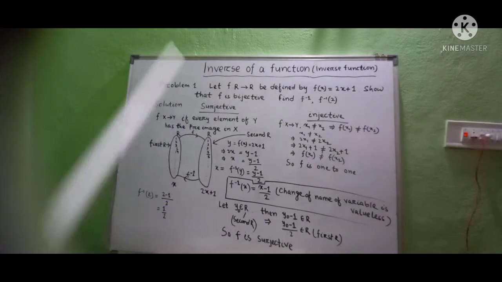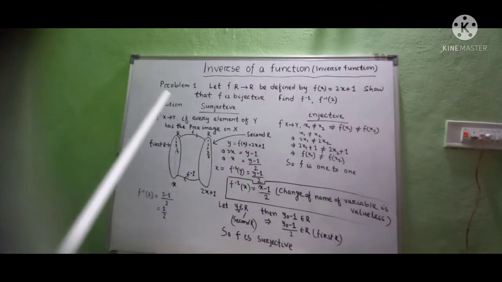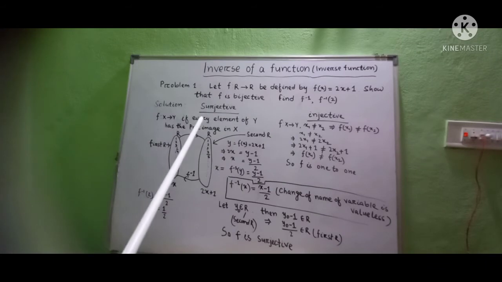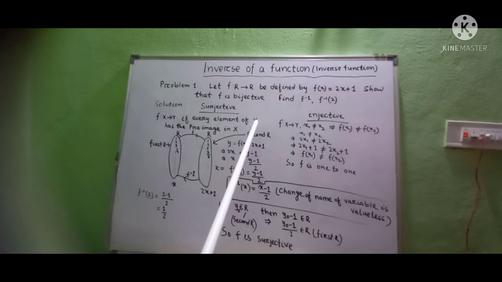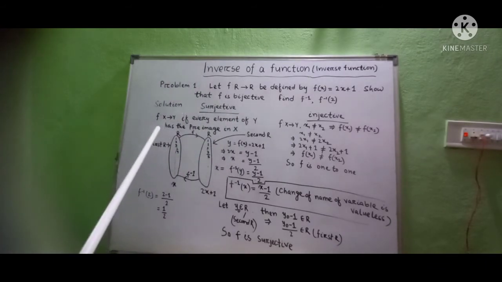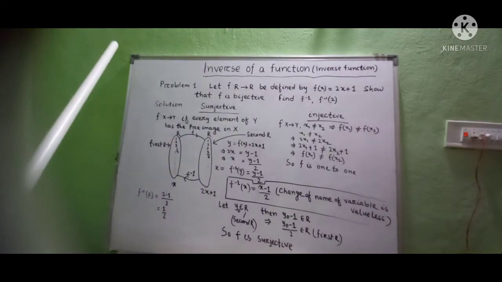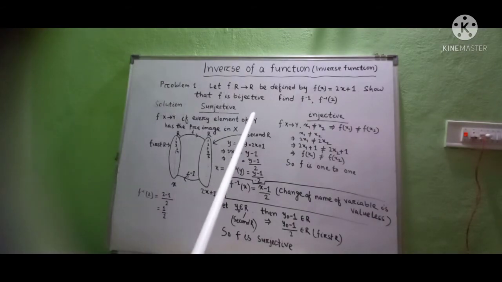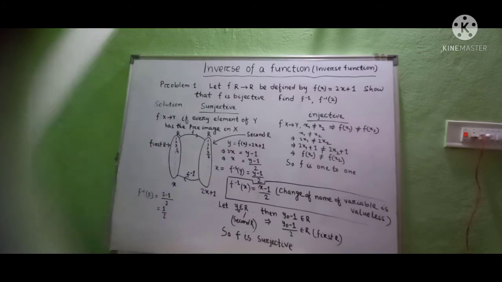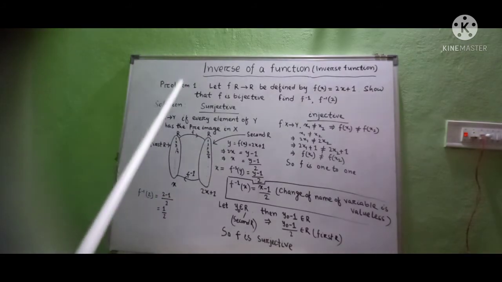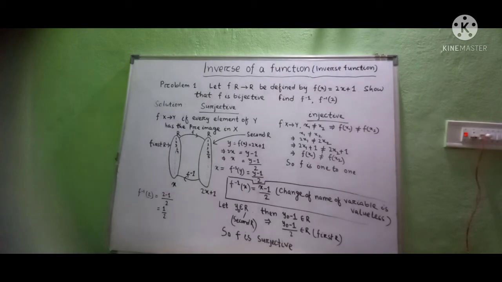Come to surjective first. If every element of Y has a pre-image in X, that means taking any element of Y, if you can show that there is a pre-image in X, then the function is called surjective.